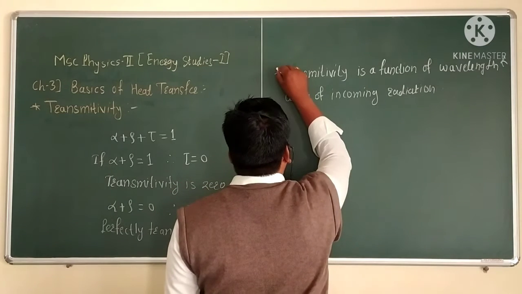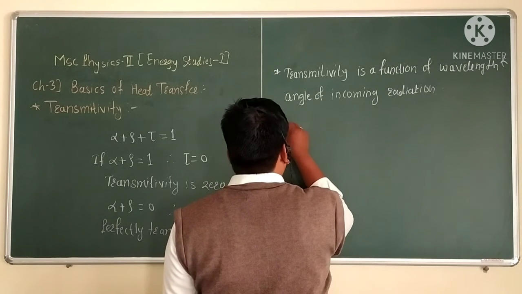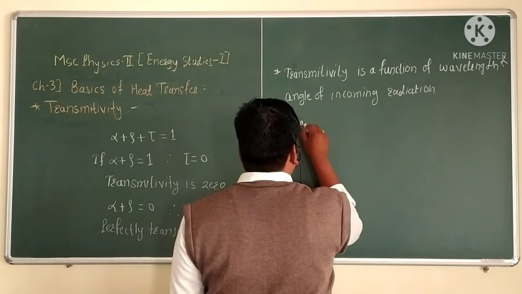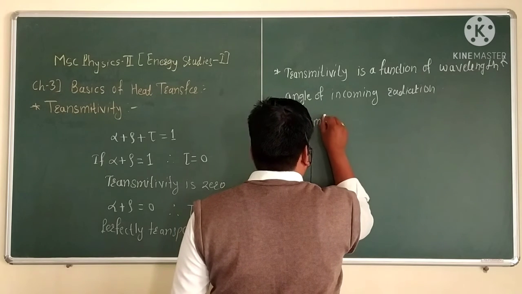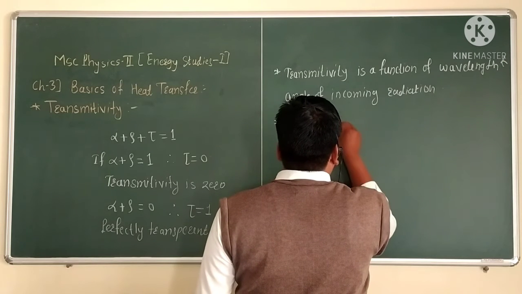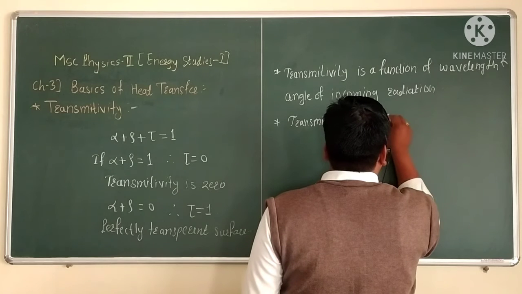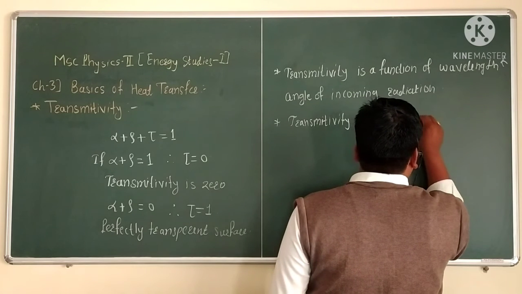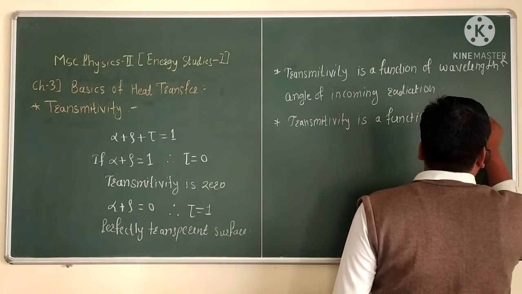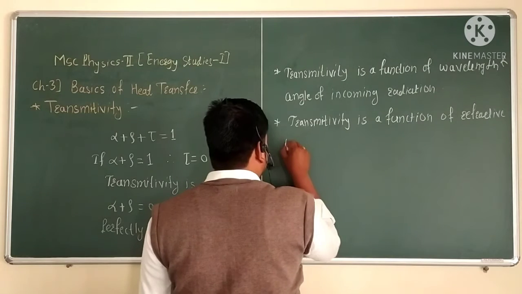That is also one of the main points. Transmittivity is a function of wavelength and of the angle of the incoming radiation, and second, it is a function of the refractive index n.